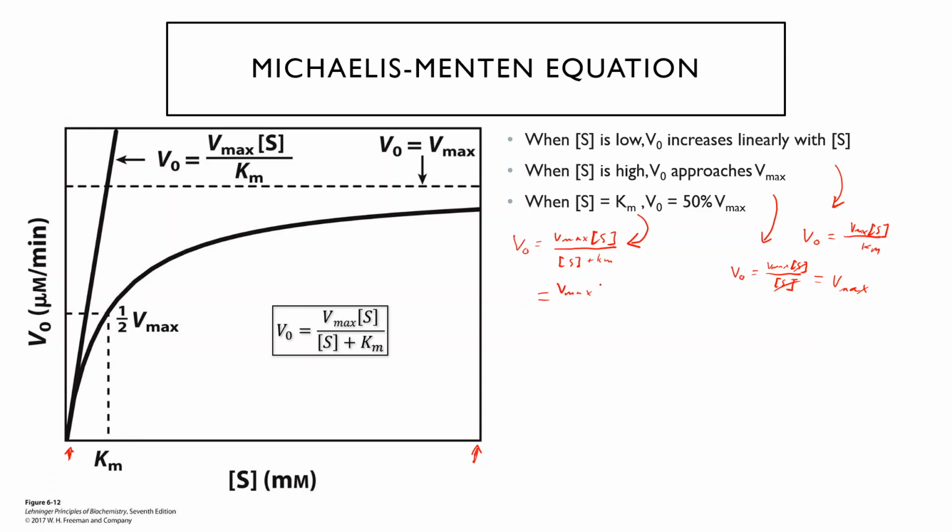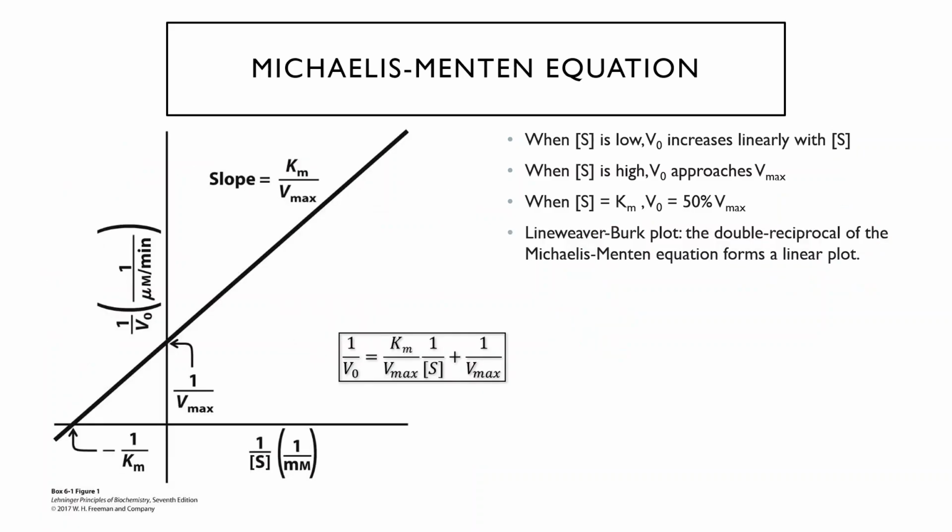So it becomes Vmax times Km over Km plus Km. And that is simply 1/2 of Vmax. So by definition, another way of defining Km is that it's the substrate concentration at which the initial velocity is halfway to its Vmax. And so that's just another way of describing what the Km is.